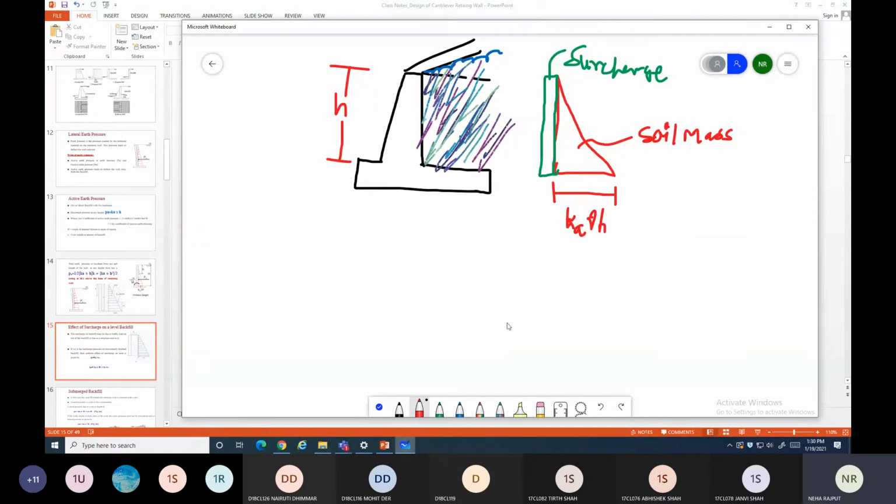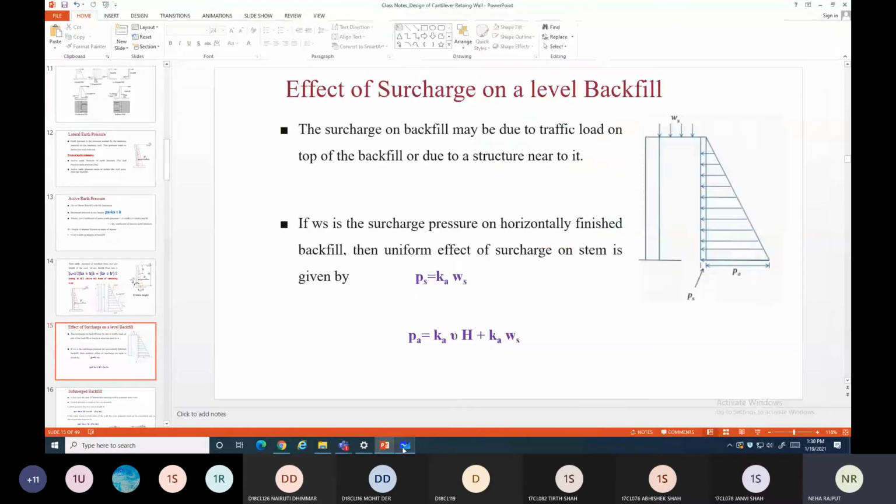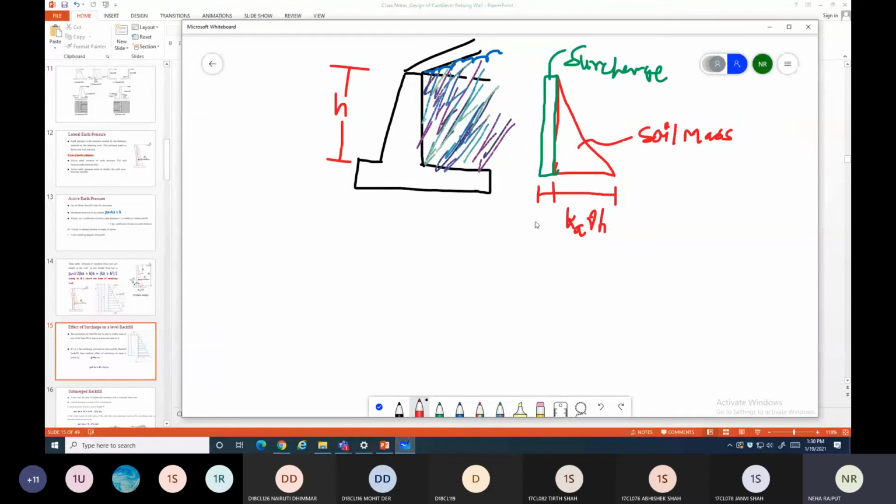This surcharge pressure is nothing but the active earth pressure coefficient into Ws, where Ws is the weight of the surcharge in kilonewton per meter.